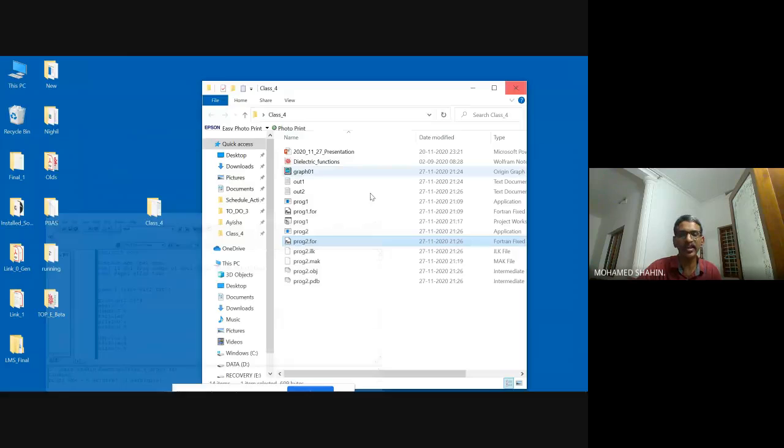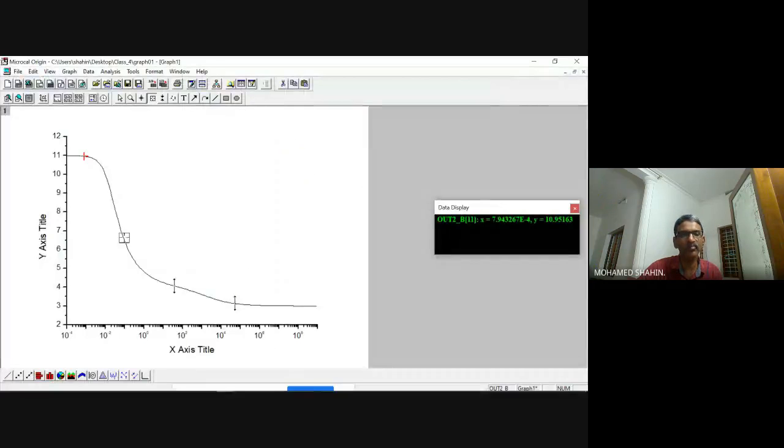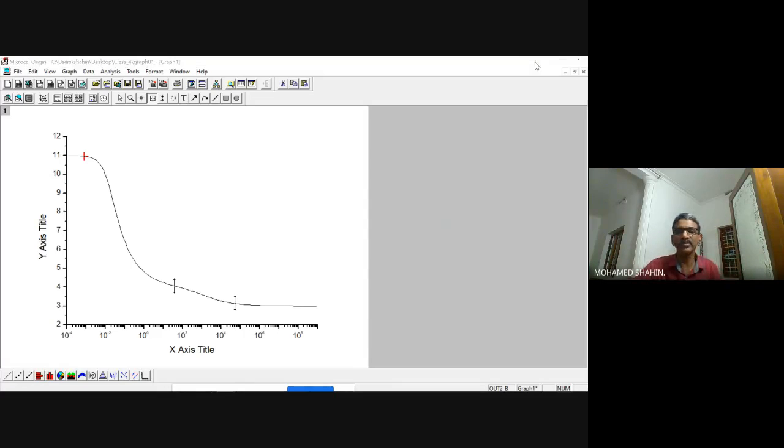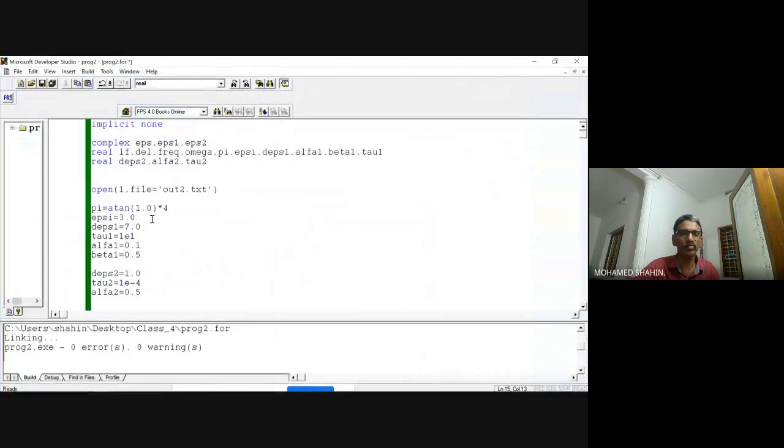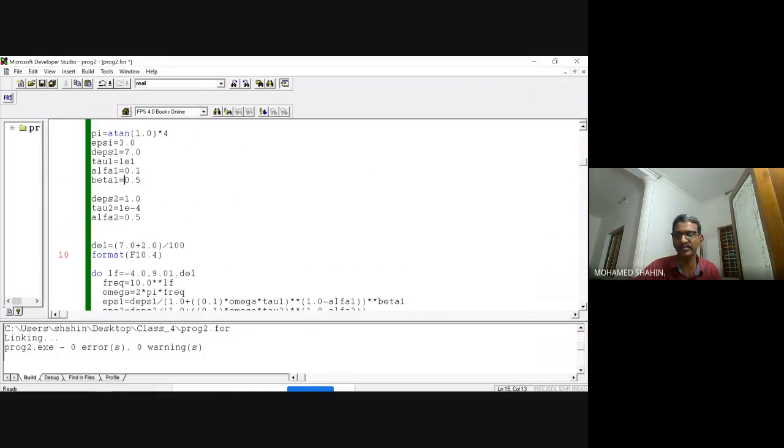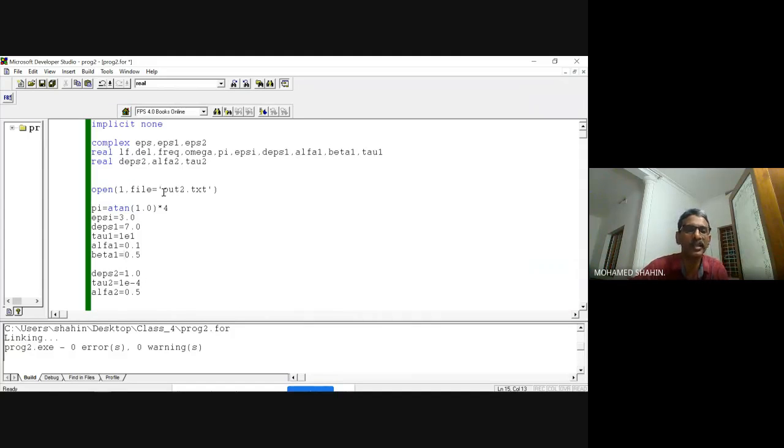For example, if I say that you have to plot a program with delta epsilon 5, delta epsilon 2 to be 0.5, epsilon infinity 2.5, you have to go to this program and try to generate the data. This is what I wanted you to do at least.